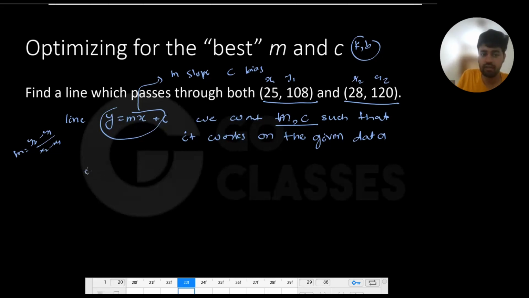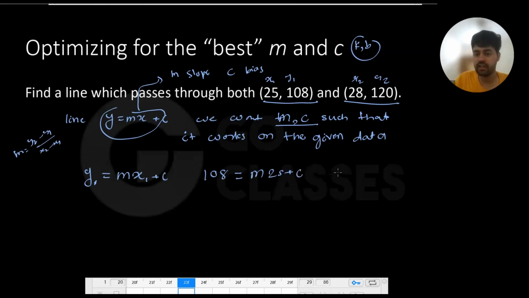Since this line passes through this point, we know y1 is equal to mx1 plus c, which basically means that 108, y1 is this, 108 is equal to m, we don't know, times x, which is 25, plus c.